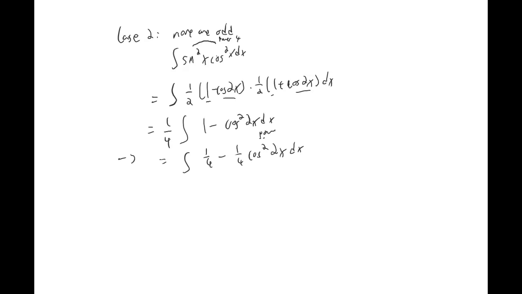So you see, we just reduced the power by using the double angle formula. And hopefully you see what's next. We reduce it again. Because again, it's easy to integrate cosine, but hard to integrate cosine to some power. So we're going to keep reducing powers. This one's easy to integrate, it's just 1/4 x minus 1/4 integral.